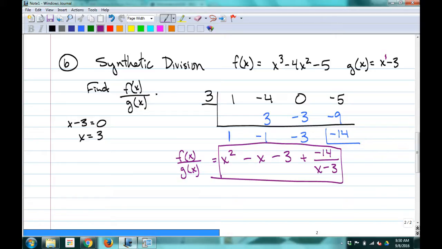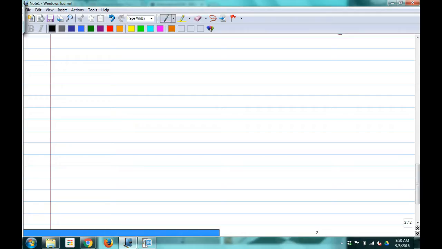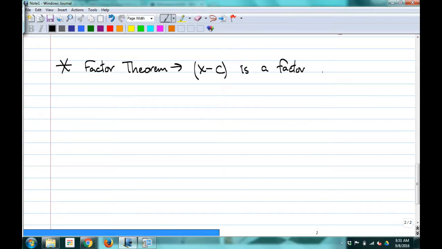Okay, let's get to the rule that we want to employ here. This is what's going to get us finding those zeros, and that's the factor theorem. X minus something, we'll call it c, is a factor of f of x if and only if f of c is equal to 0.